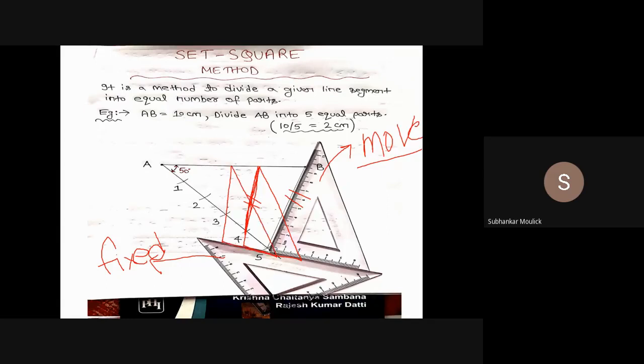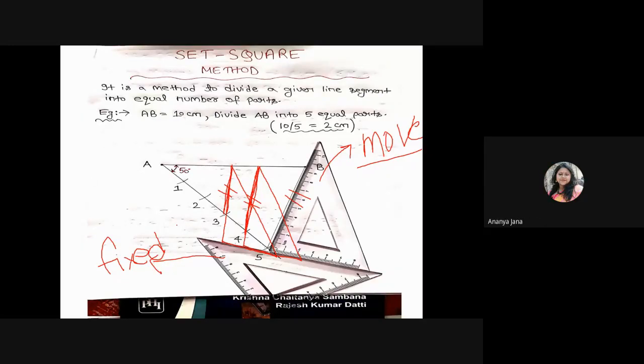Yes or no? Then use the pencil and join this line till this point. Now see, both the lines are parallel to this line. Is it clear to all of you? Yes, sir. Okay.